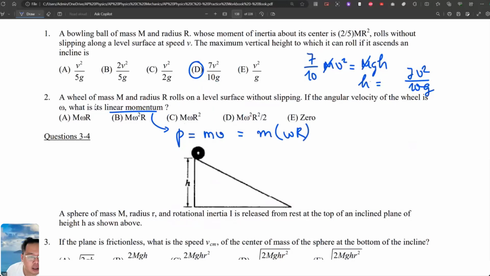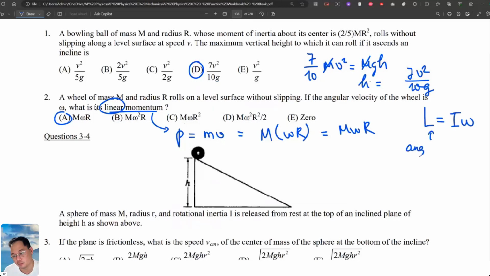The mass is big M, so the answer is m omega r. Simply A. Linear, not angular. Angular momentum is L equal I times omega, the momentum in the rotation.